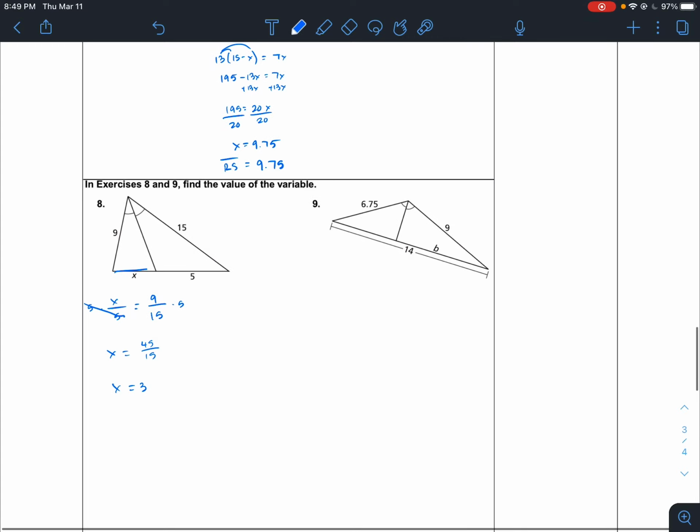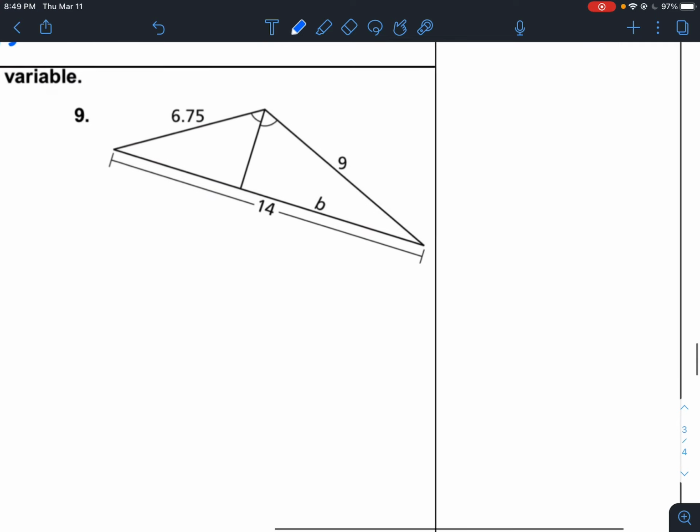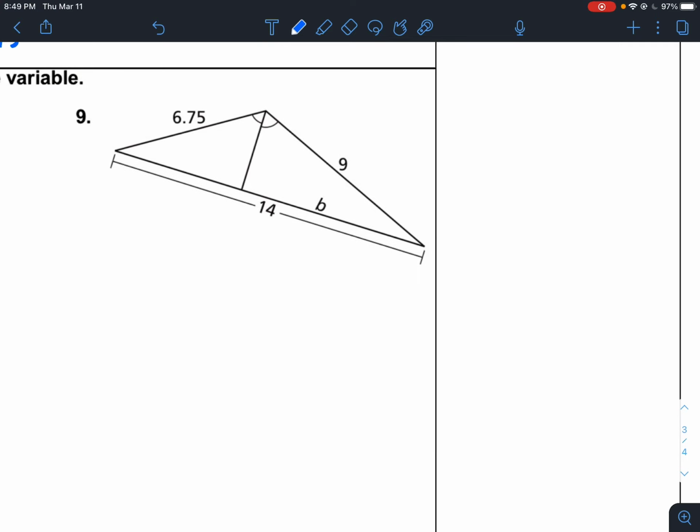Now I want you guys to try example 9 on your own as well. So just remember, I'll give you a little tip. This length right here is 14, and we want to find the length of b. That means for this length right here, you have to take 14, the total distance of this segment, and subtract b.